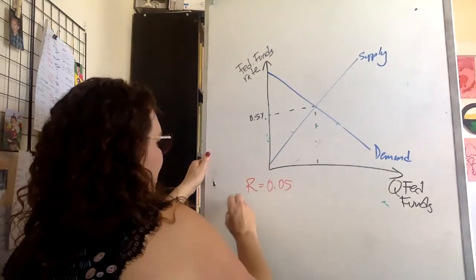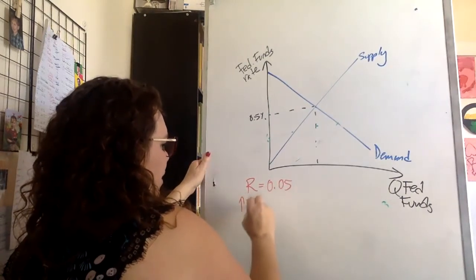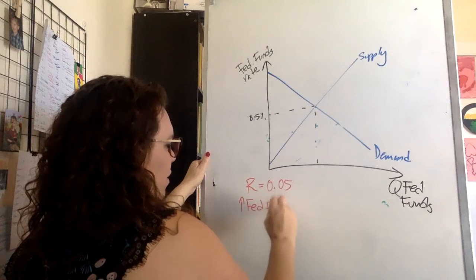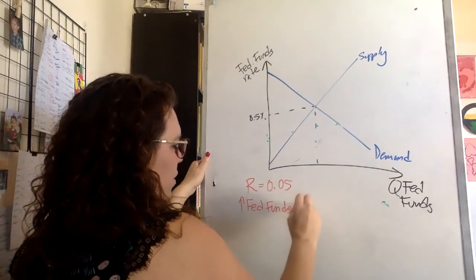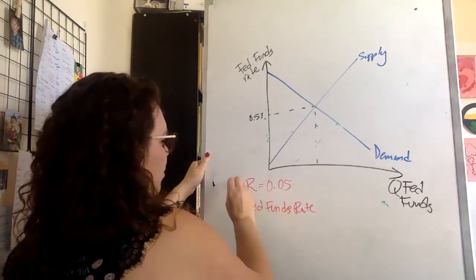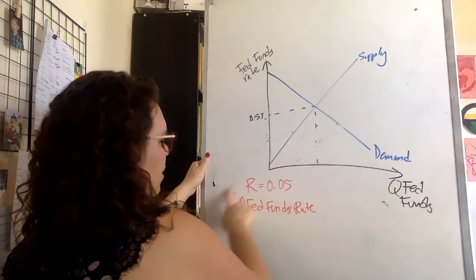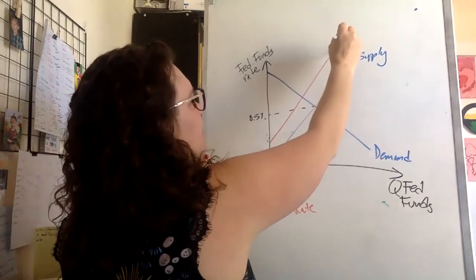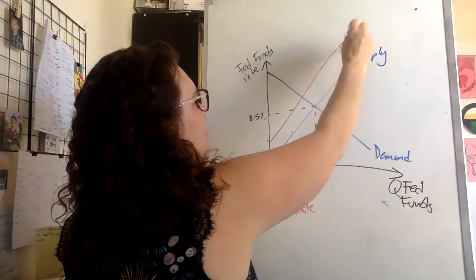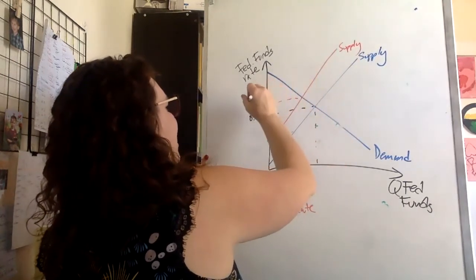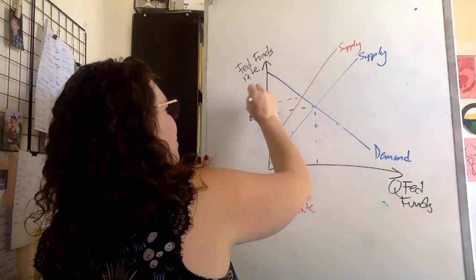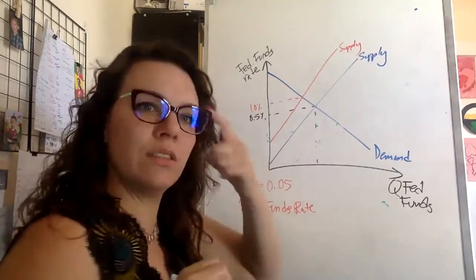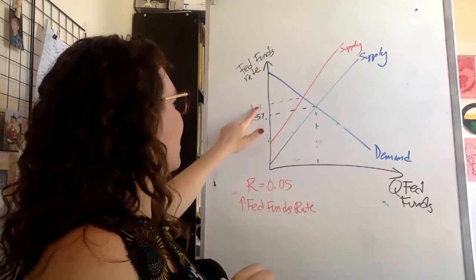So we want to increase the federal funds rate by changing the reserve requirement. So what we want to do then is shift the supply in to get a higher federal funds rate. Maybe you want to go up to 1%. Let's just do that. That's easier.